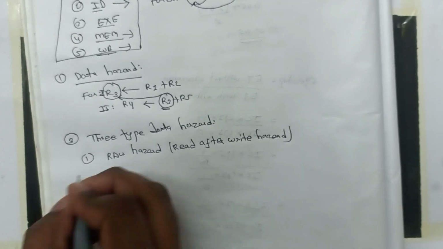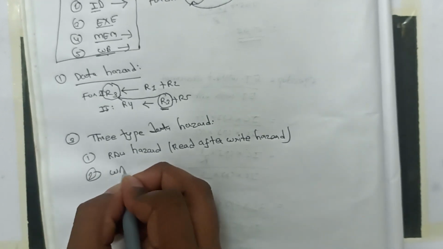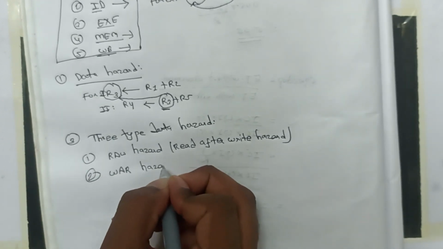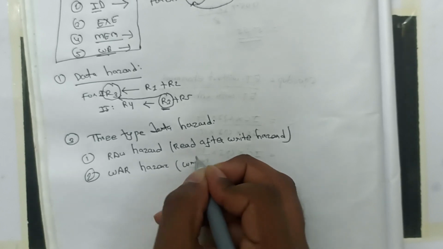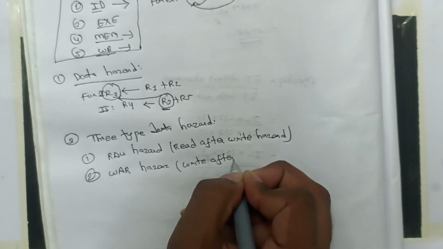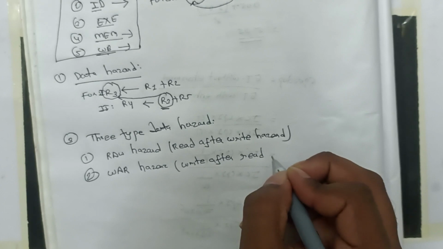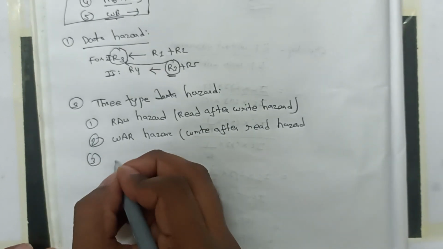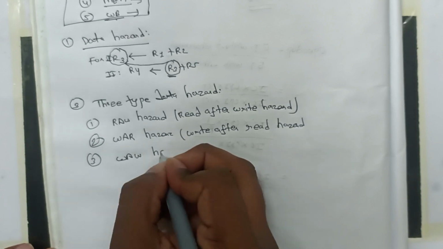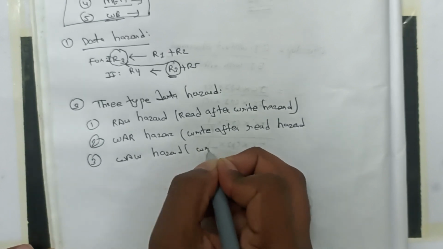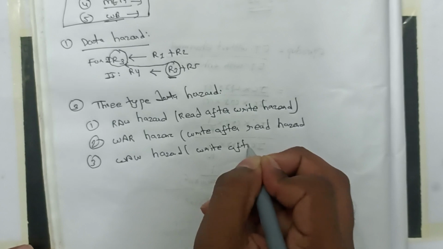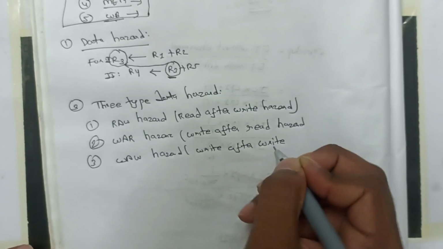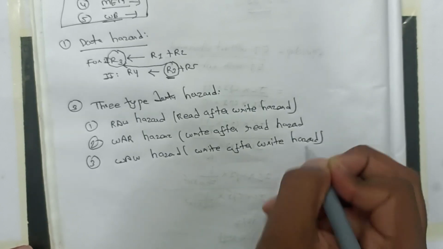The second one is WAR hazard. It means write after read hazard. And the third one is WAW hazard. It means write after write hazard.